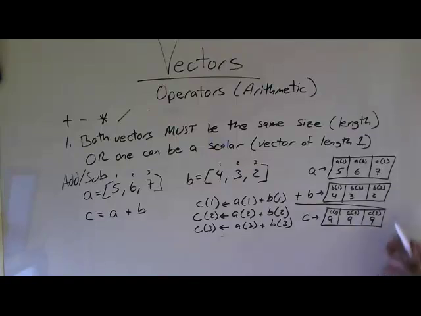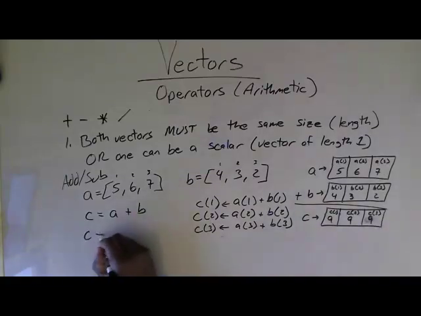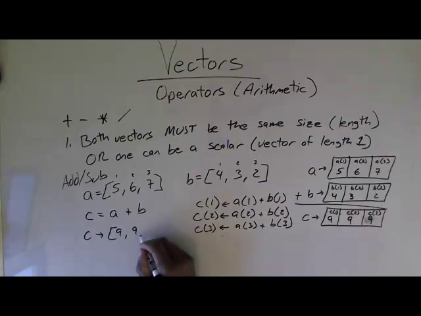Now this isn't like regular math where you would carry the values. If this were a 4, then this value would be 11, and you wouldn't carry it over into the other side. But this is actually a 2, so we get 9, 9, and 9. So this would result in C being the vector 9, 9, 9.